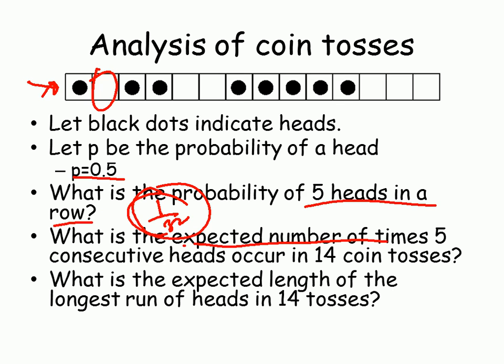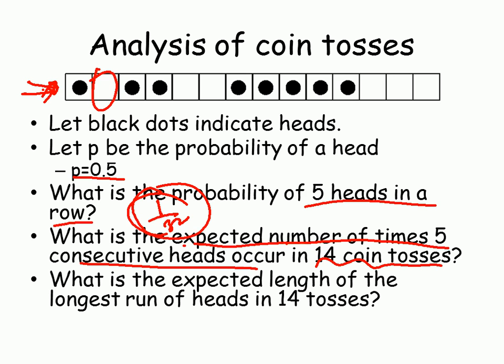Now, what's the expected number of times that 5 consecutive heads occur in 14 coin tosses? So you have these 14 coin tosses. How many times do you expect to see 5 consecutive heads? So 10 is the maximum number of 5 consecutive coin tosses you can have.